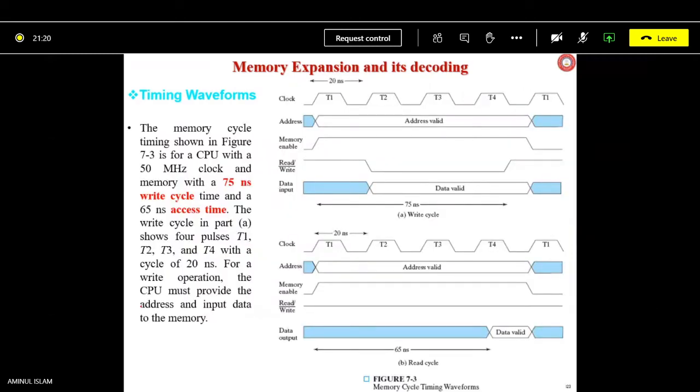Let us have a look at the timing diagram. The write operation is discussed first, and this write cycle is discussed.